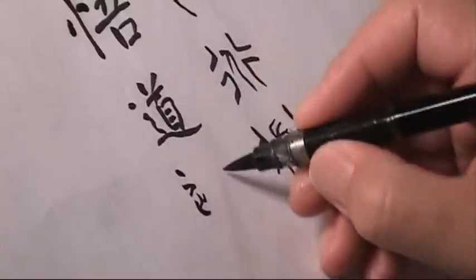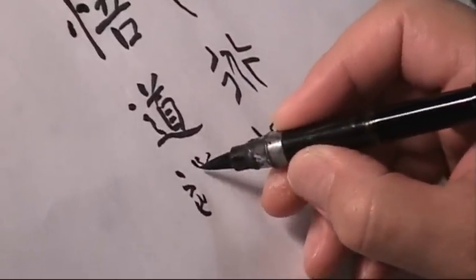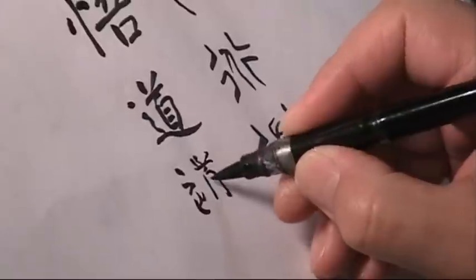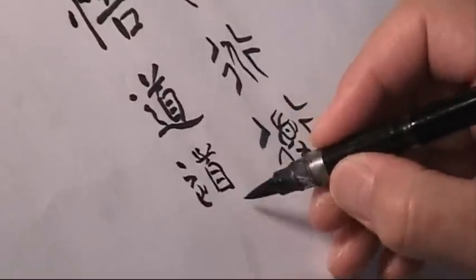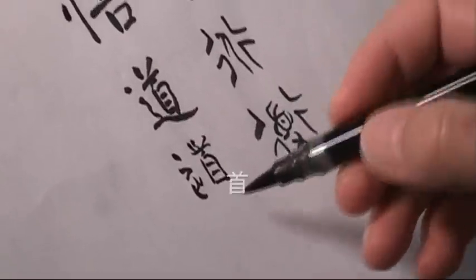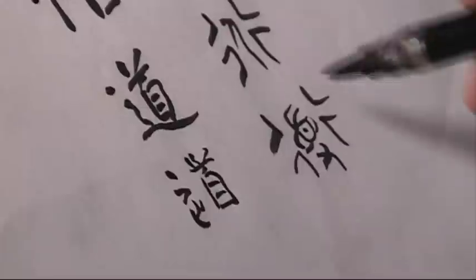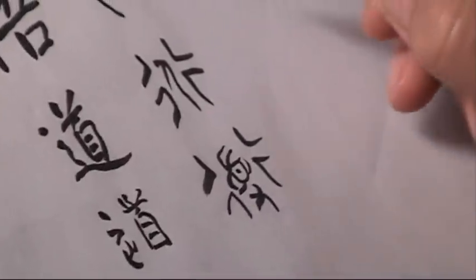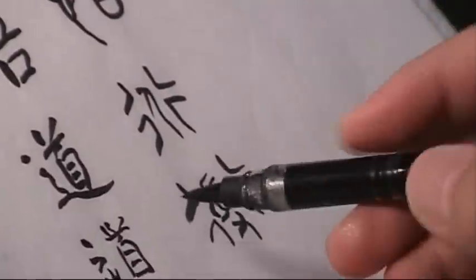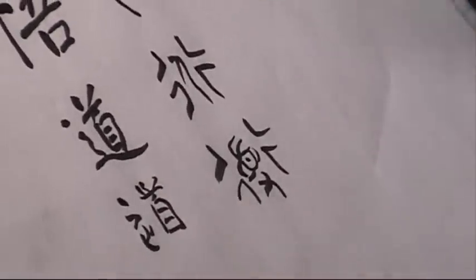Then this part is still the head of the man, shou, or in Chinese meaning the head, represents the man, as you see in the ancient script. So there are two versions, this one or this one.